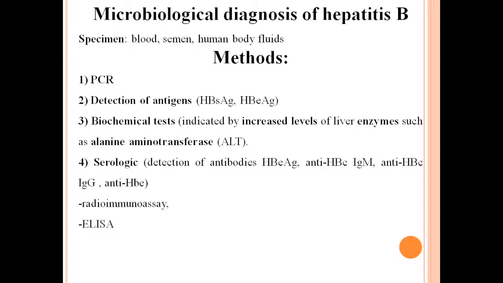Serological tests detect antibodies to HBs antigen, antibodies to HBc IgM, which detect acute infection, antibodies against HBc IgG, and antibodies against HBs antigen. They are detected by radioimmunoassay or ELISA.